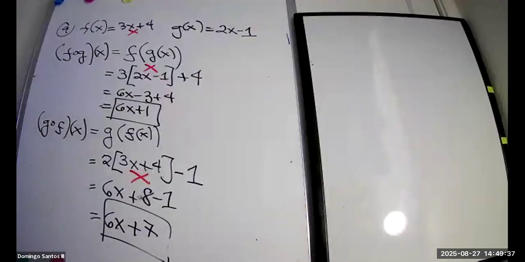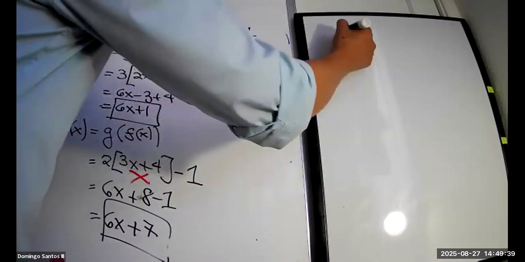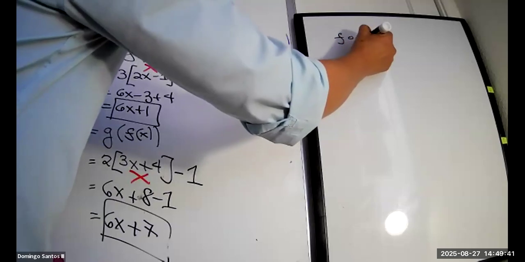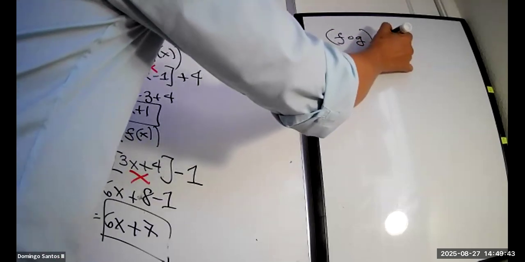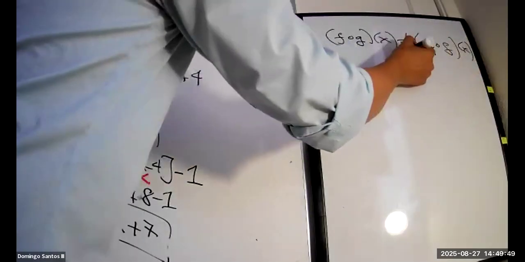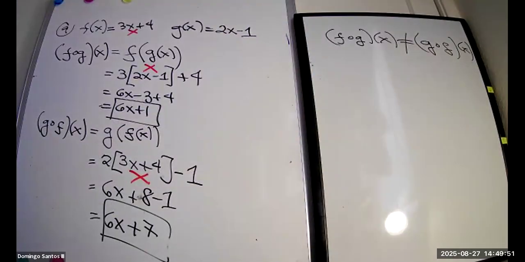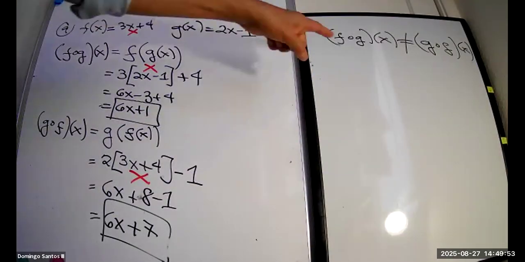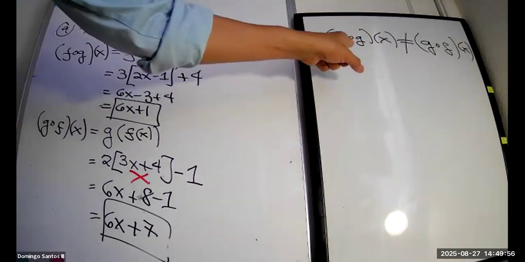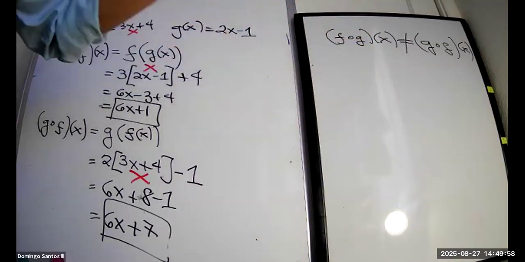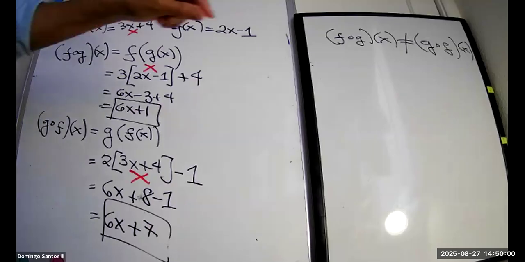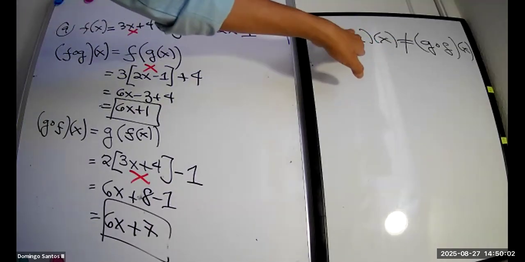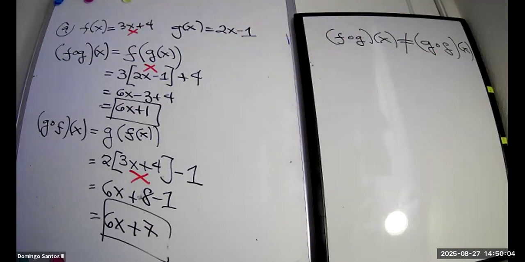That means that F circle G of x is not commutative. Meaning if you have functions F and G different from each other, then F circle G is not equal to G circle F, as what you saw here.